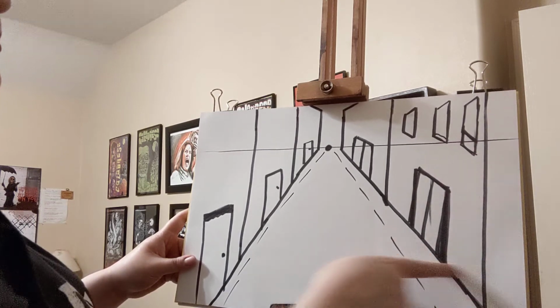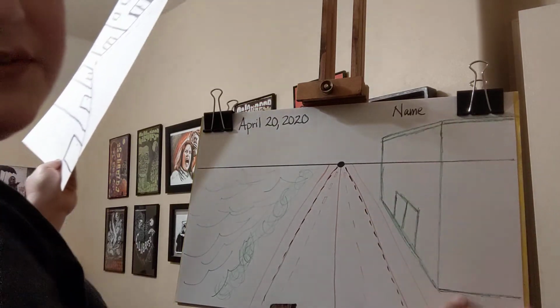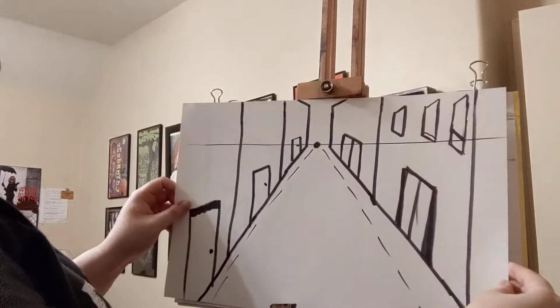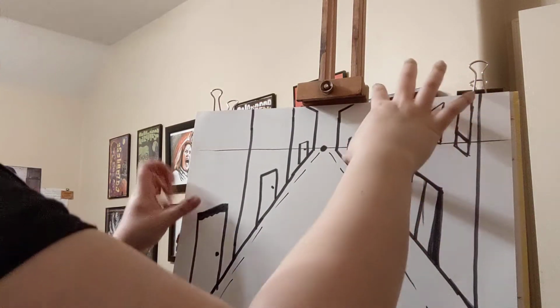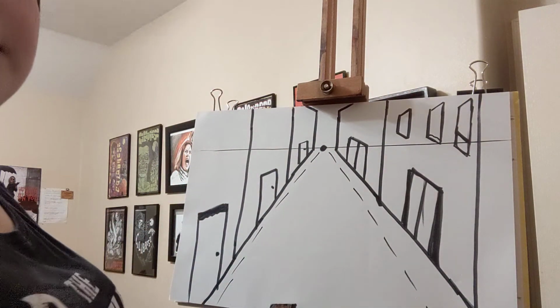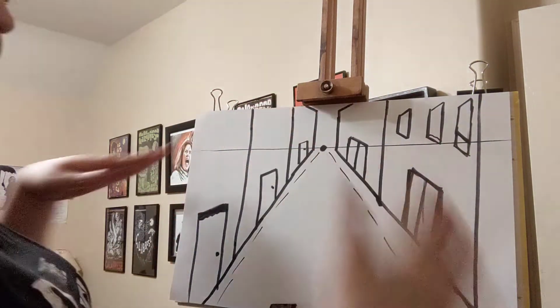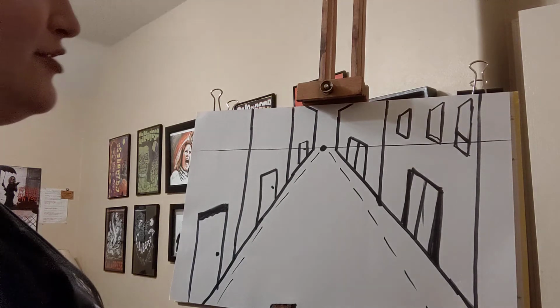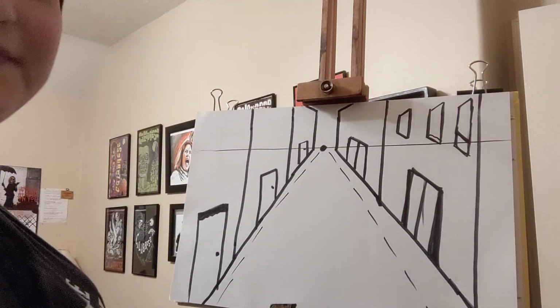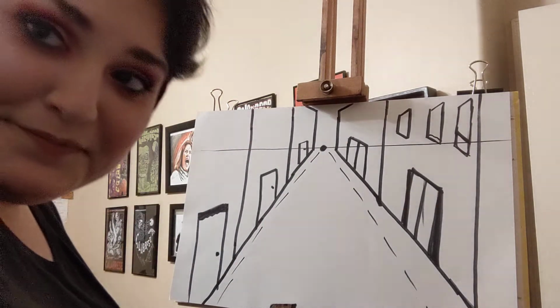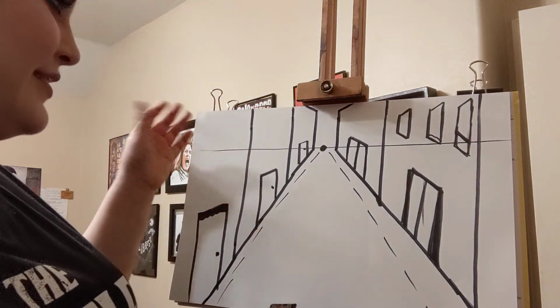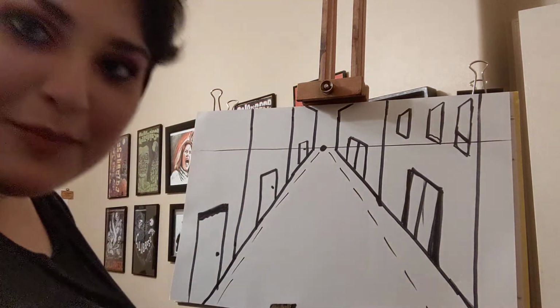There's no horizontal line like these, where you see the front of the building. It's all just going to be coming off the page, just in a triangular shape. So that's basically one point perspective.